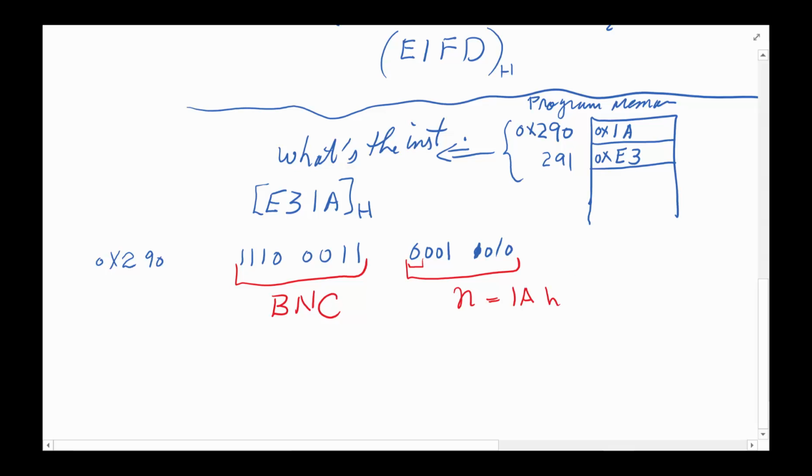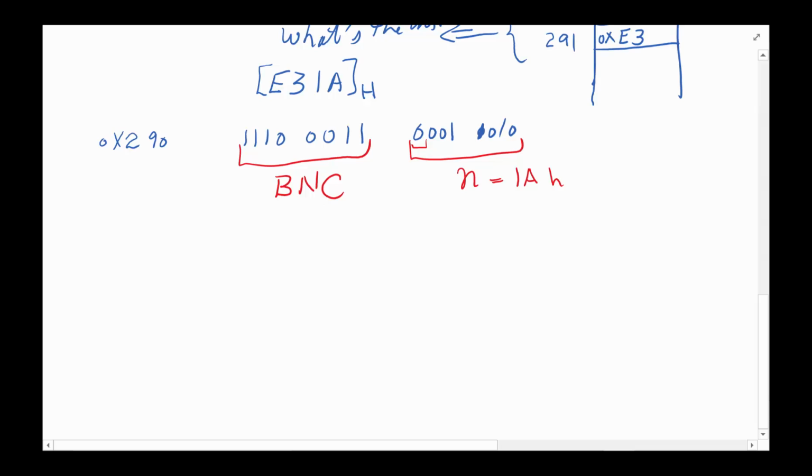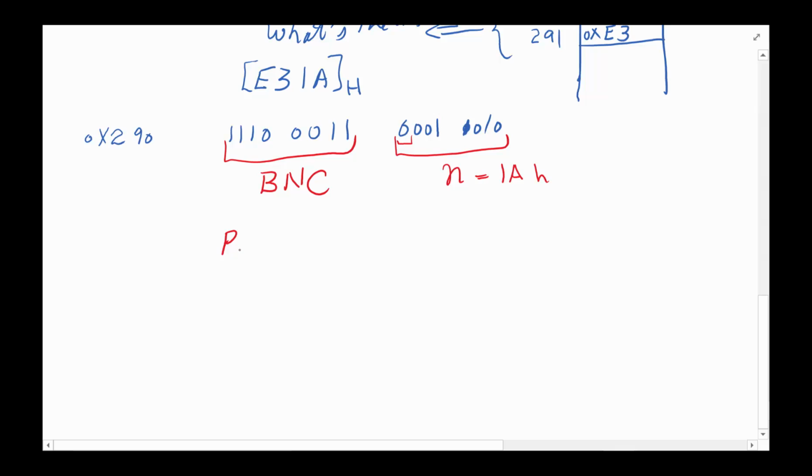So that basically tells us if you want to know where this thing jumps to, that means the PC, the new location it's jumping to, is equal to the location PC of the branch plus 2 plus n. Again, remember, we're doing all of this arithmetic in hex. Don't get confused and go to decimal.